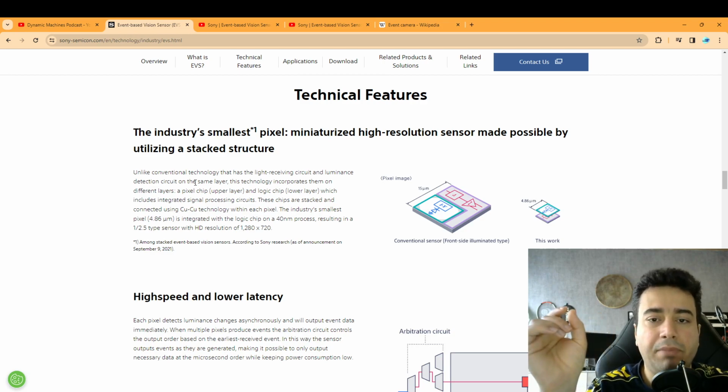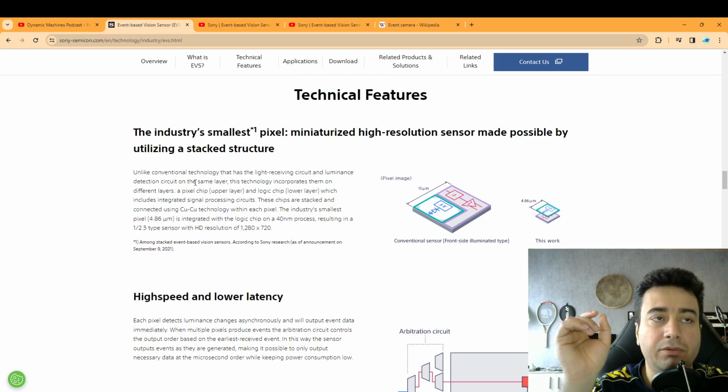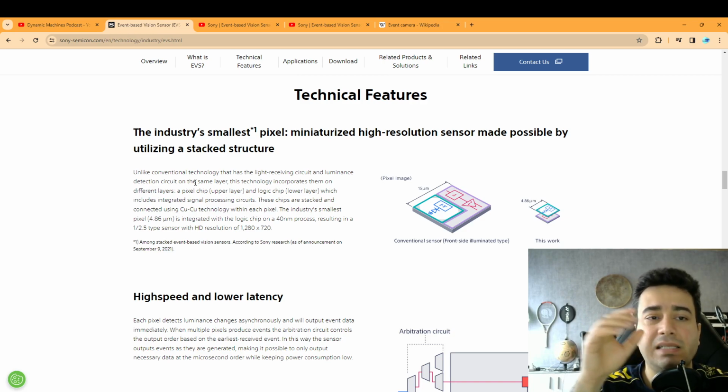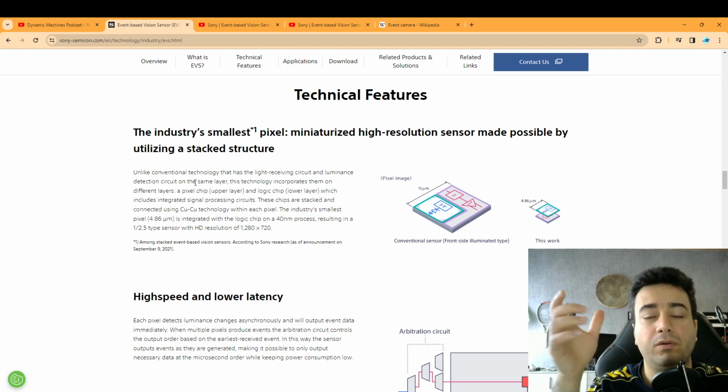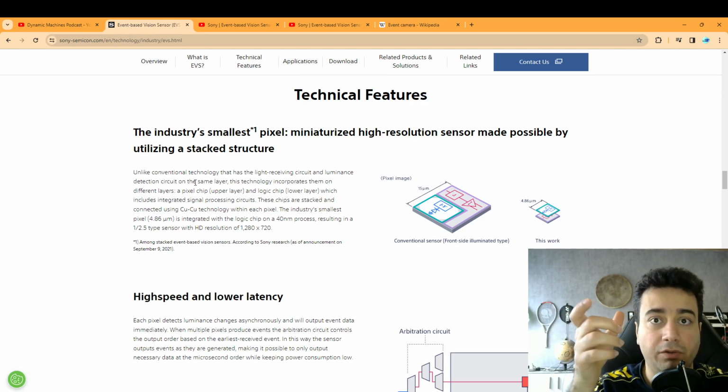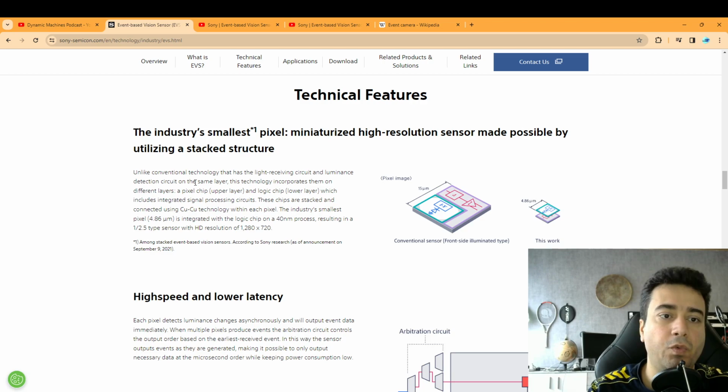So they can reduce the size of the chips with the parallelization of the layers, and that has a great benefit for bigger production of chips with higher coverage of the scene, or field. So these chips are stacked and connected using copper-to-copper technology within each pixel, as I said.